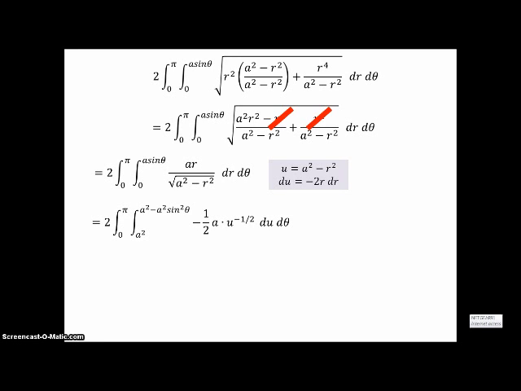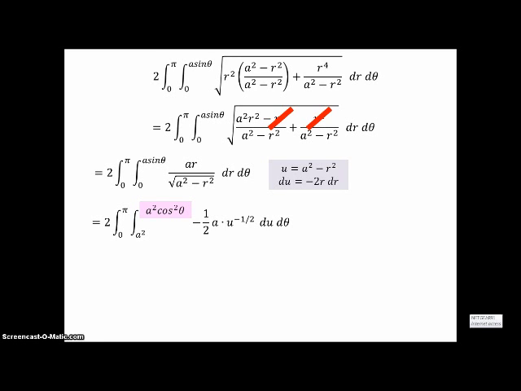Now notice our limits have to change, right? So when r is 0, u is a squared minus 0, which is a squared, and when, unfortunately, r is a sine theta, u is going to be a squared minus a squared sine squared theta. But don't despair, because we can use an identity on that. That becomes a squared cosine squared.